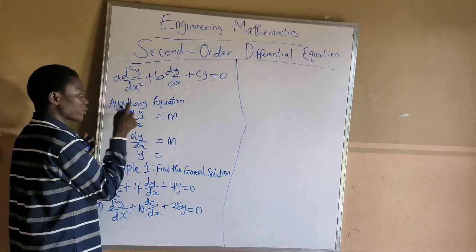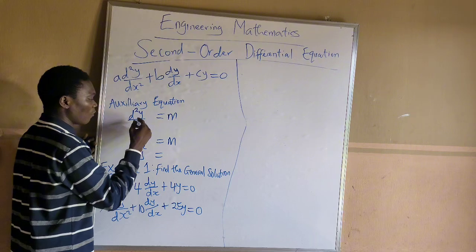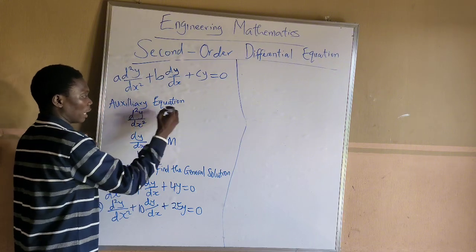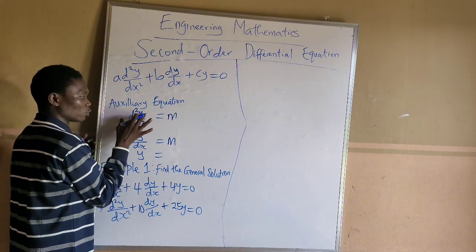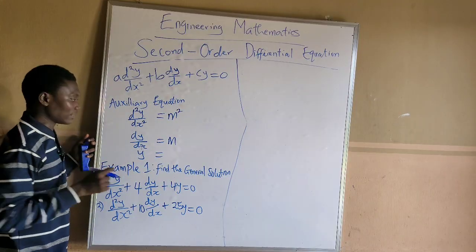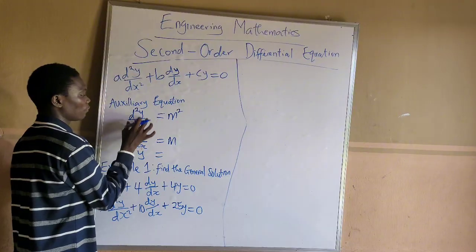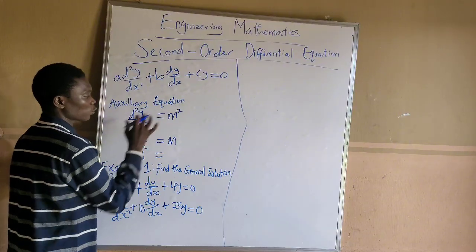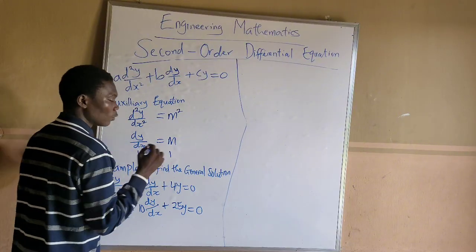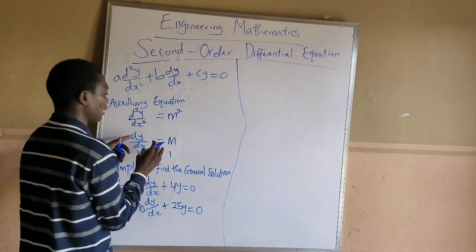But now this one is second order, because of this two I put here, so I will put 2 here. That is, d squared y over d x squared is equal to m squared. Then you take your y to be 1. That is the easy way to do it.